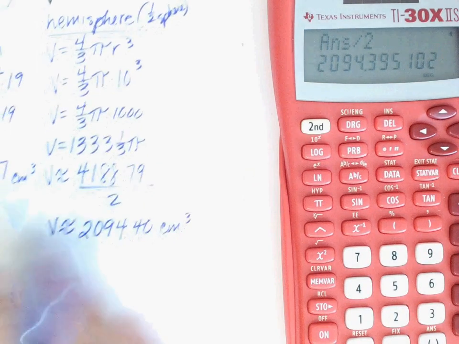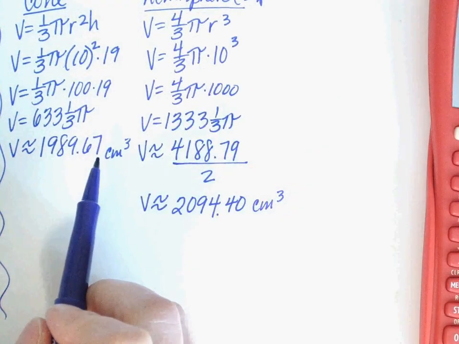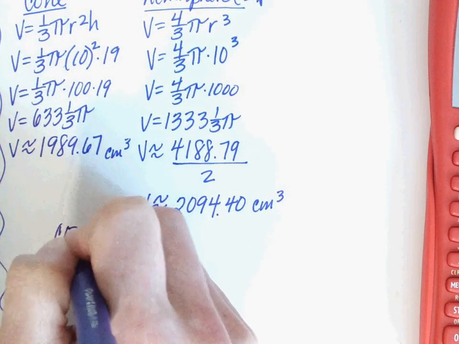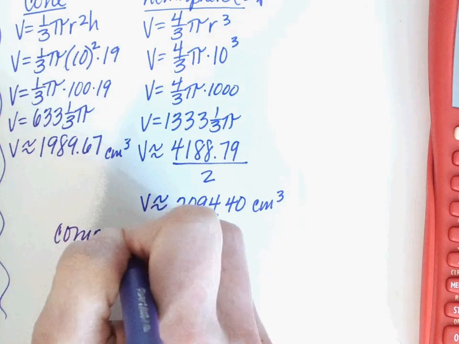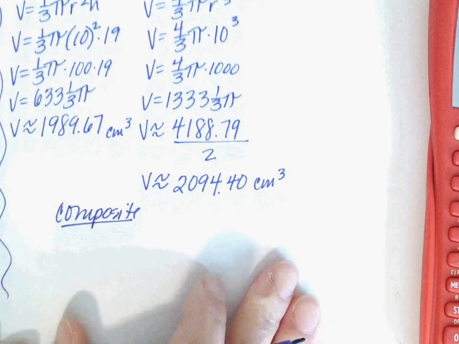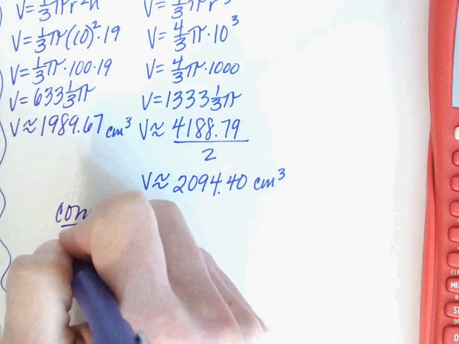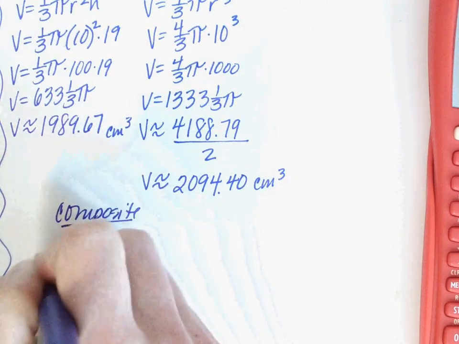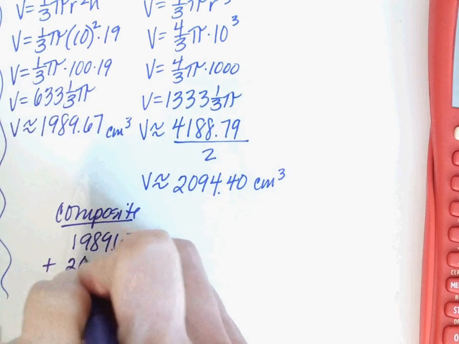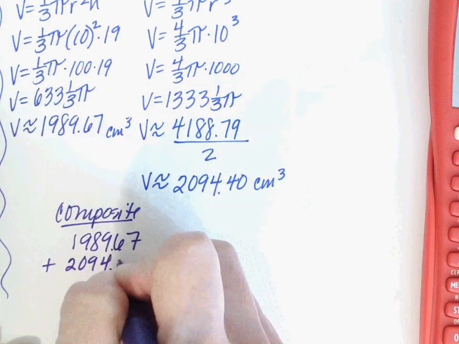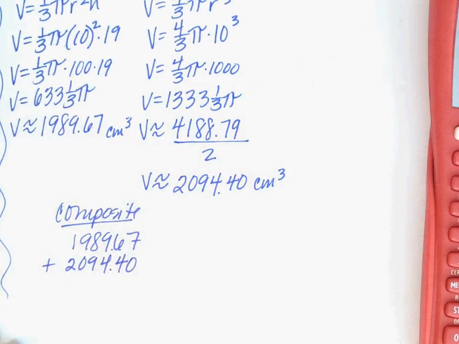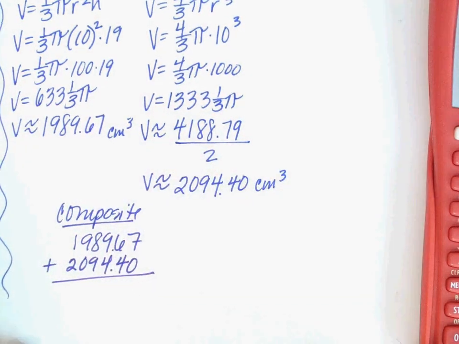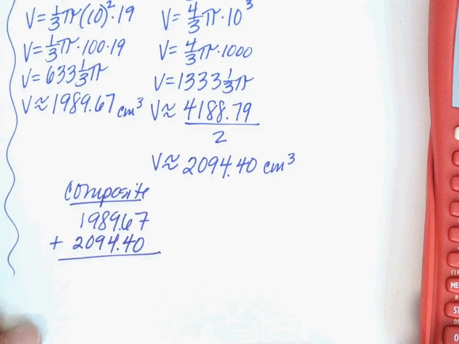So I have the volume of my cone, volume of my hemisphere. My composite, this is adding everything together. So I'm going to recopy what I have. So 1,989 and 67 hundredths plus 2,094 and 40 hundredths. So remember, when you add this up, you just line it up by place value and by decimal point.